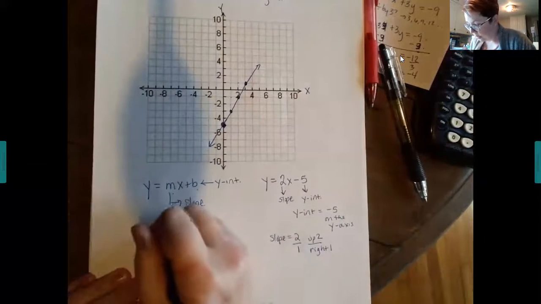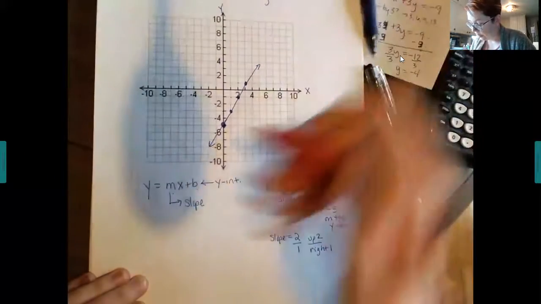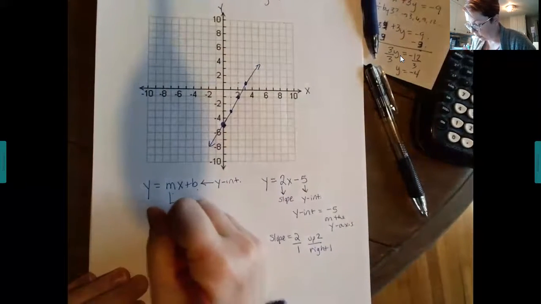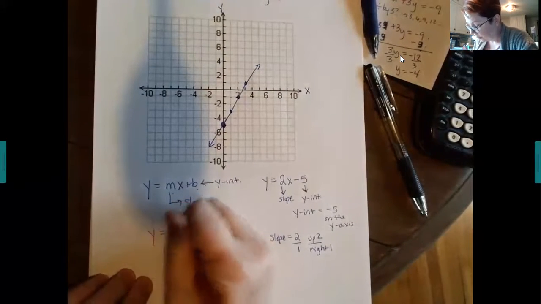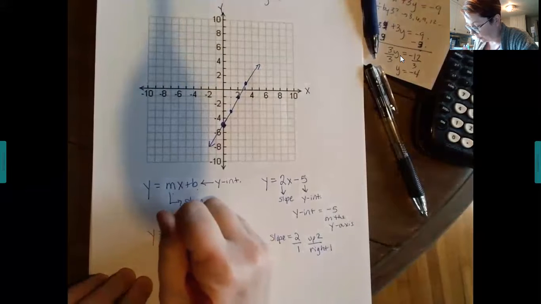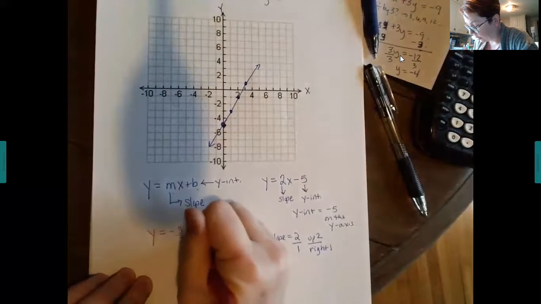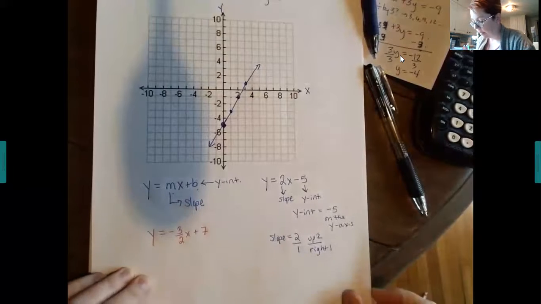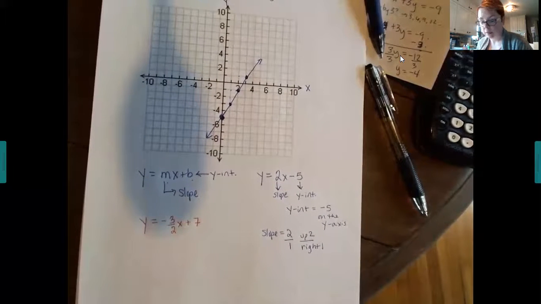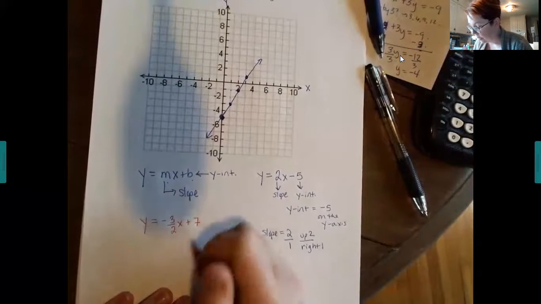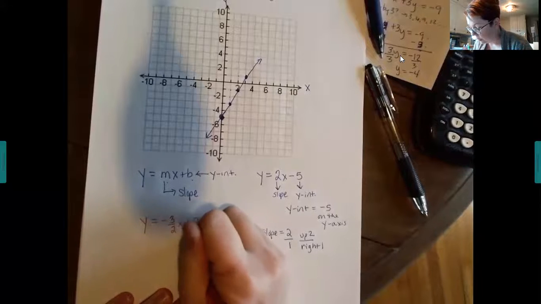So let's say we have this equation. We have y equals -3/2x plus 7. So what is that telling us? That's telling us that this is where we start.